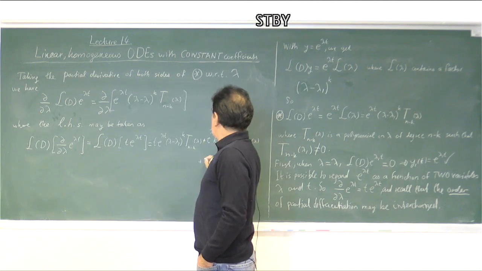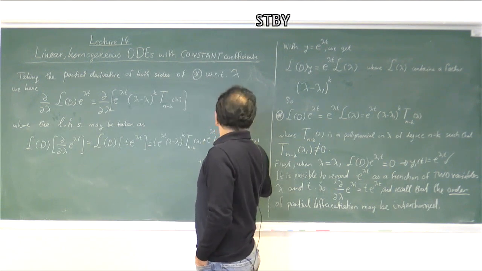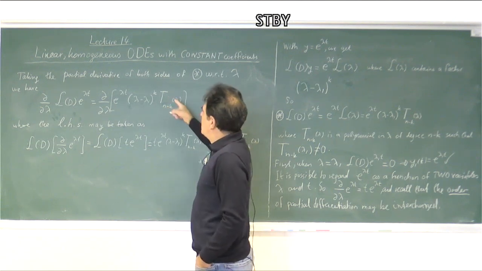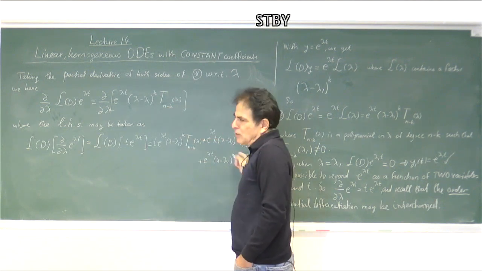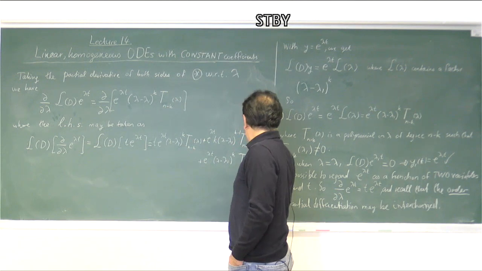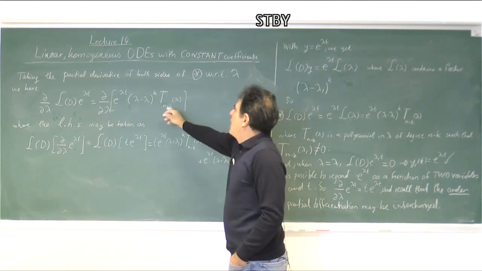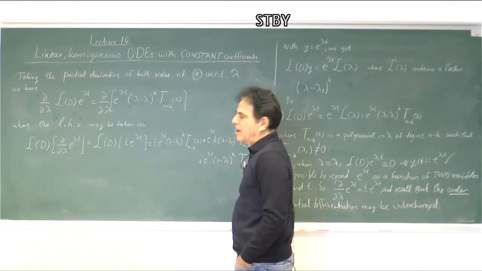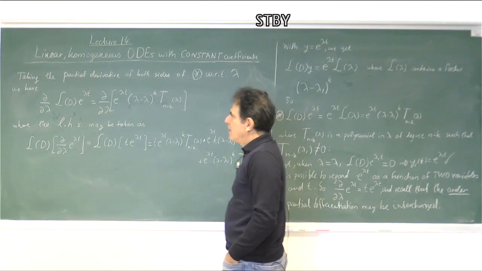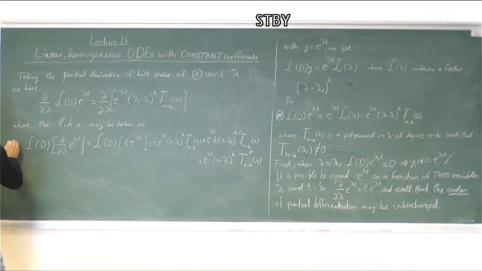What is it? e to the power lambda t, (lambda minus lambda 1) to the power k, times the derivative of t with respect to lambda, which is the ordinary derivative. So I can use prime notation without any trouble. I take the derivative of this n minus k degree polynomial with respect to lambda. Okay? Say double asterisk.